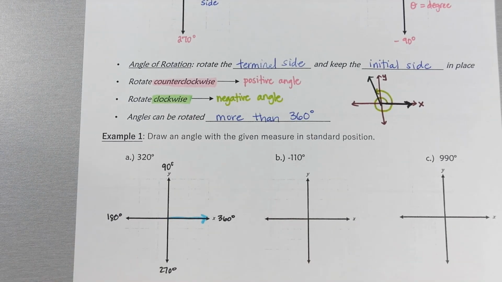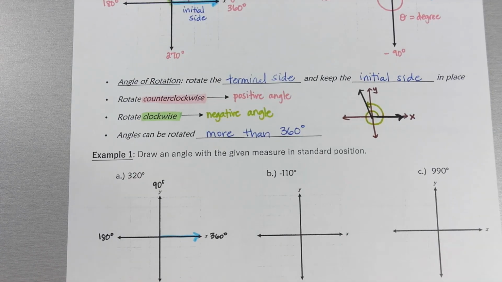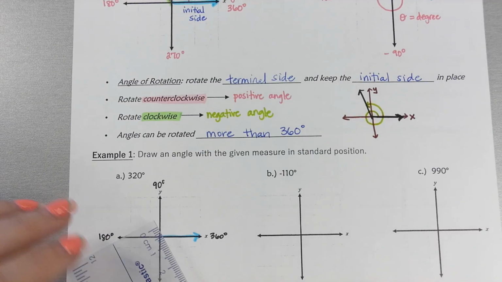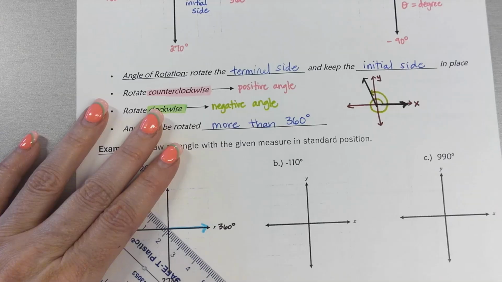So if it's 320, what quadrant is it in? It's in quadrant 4, and I said you can estimate. So if this quadrant is 90 degrees, then I know that half of the quadrant is what? 45. So if you just want to cut it in half and then adjust it, that's fine.